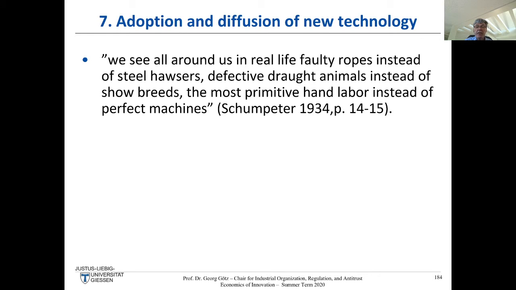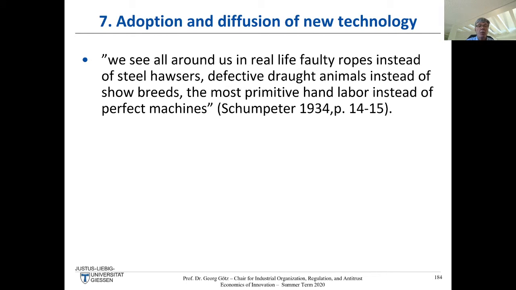Therefore, this adoption and diffusion of new technology is rather important in order to get technical progress. And so the point is, why are we not just adopting all these nice new technologies?